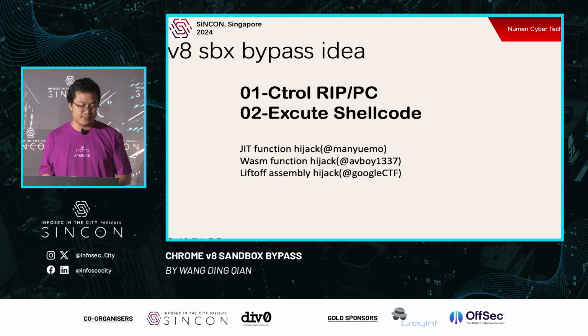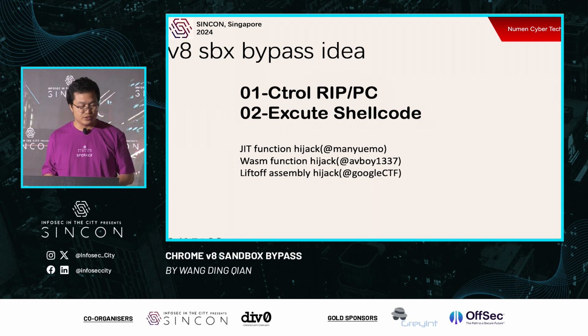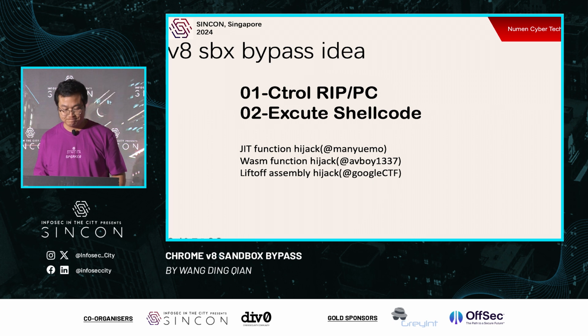The basic idea is to use a JIT function, hijack the RIP, then jump to the shellcode. The second is what I shared last year, at POC 2023. When I shared it, Google had not yet patched it. So we hijack the RIP and then jump to the shellcode.